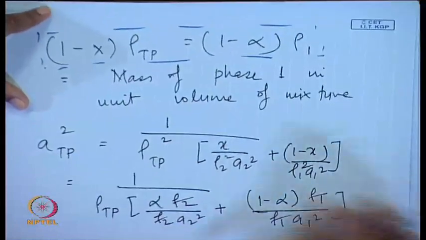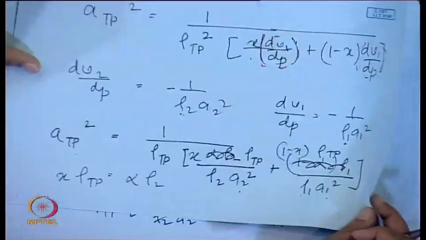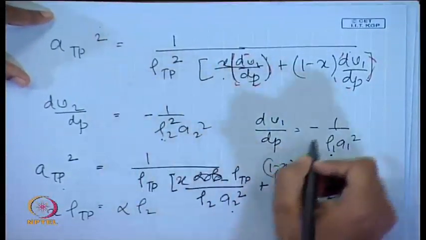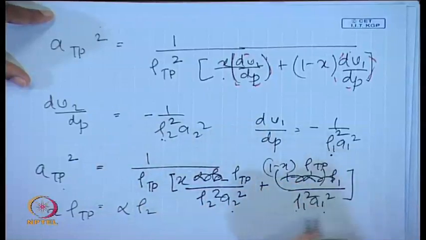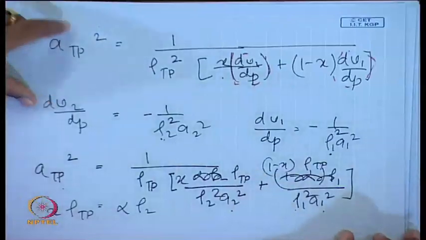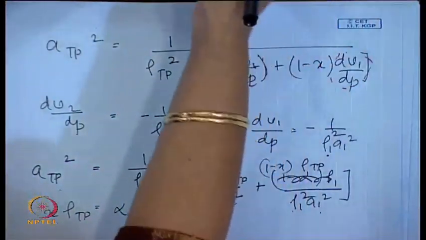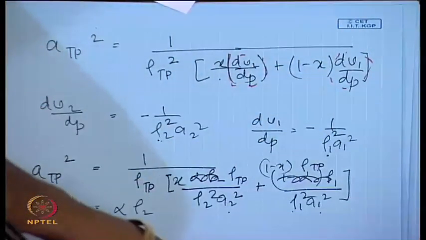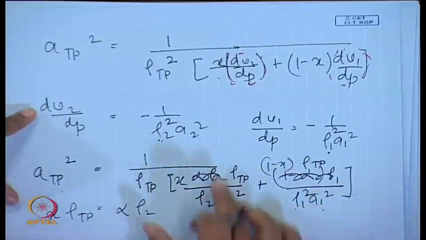Did I make any more mistakes anywhere? Here also there should have been squares. Please correct these things. These were all squares. I had missed this out. Anyhow, just correct all of these, they are squares.